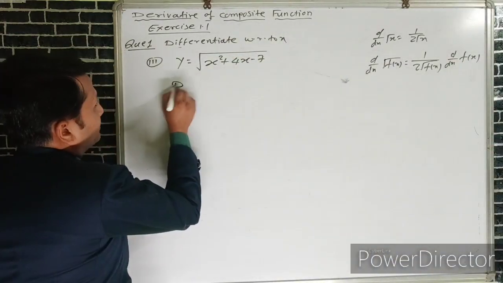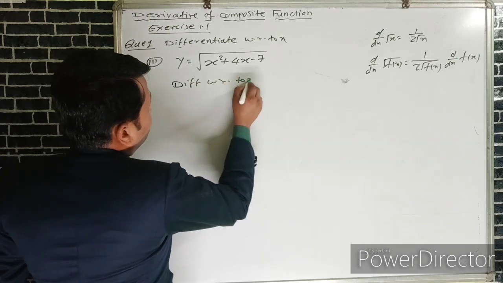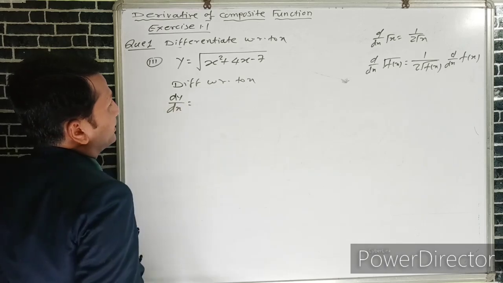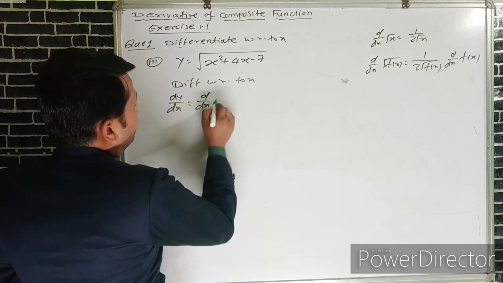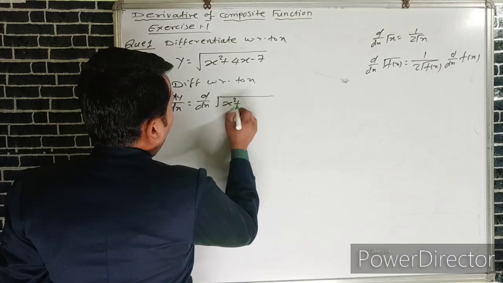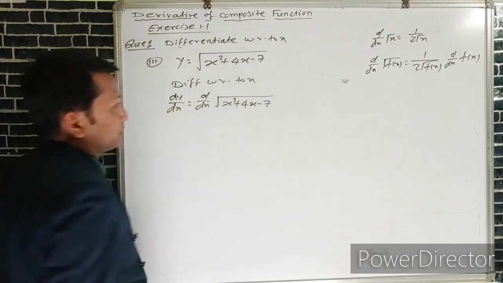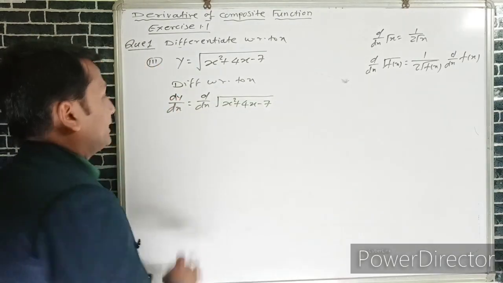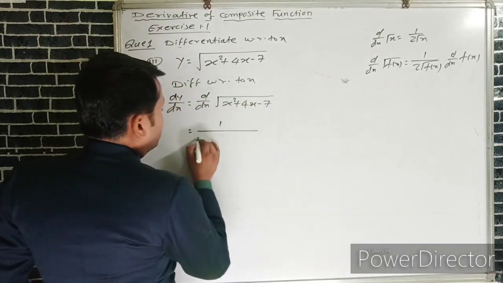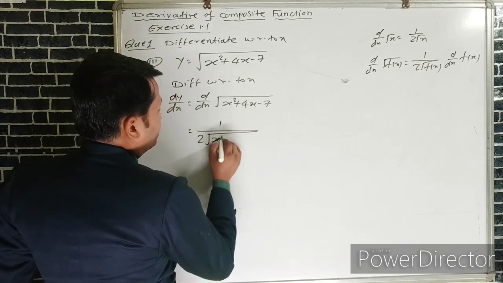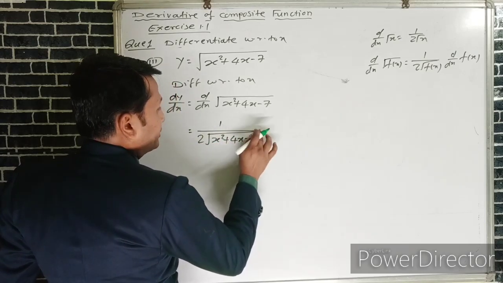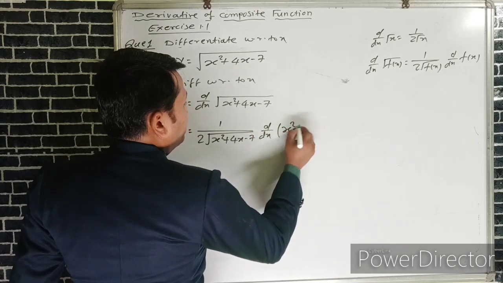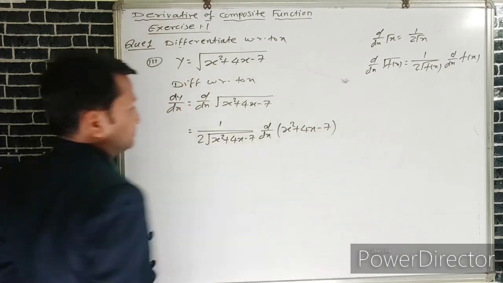If we differentiate this function with respect to x, then the derivative of y is dy by dx, and the derivative of under root of x square plus 4x minus 7 we can write by using the derivative of under root fx as 1 upon 2 under root of x square plus 4x minus 7 into again a derivative of x square plus 4x minus 7.